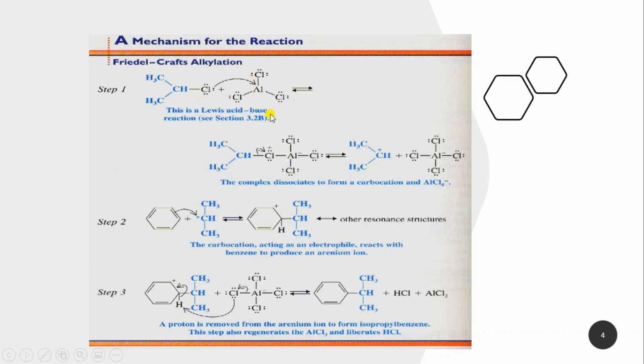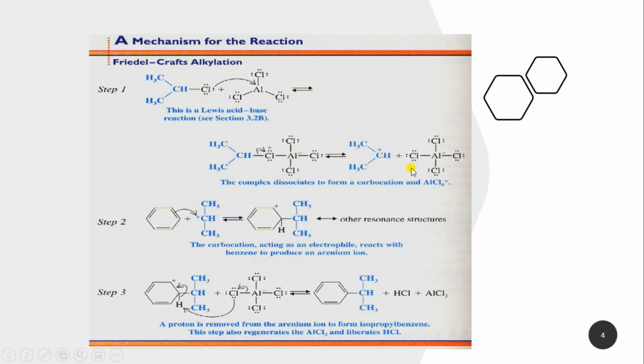After doing this, there is an intermediate formation with a bond formation between the aluminium and the Cl group. So a positive charge has to come on the chlorine.